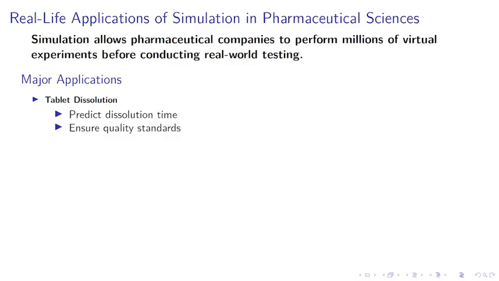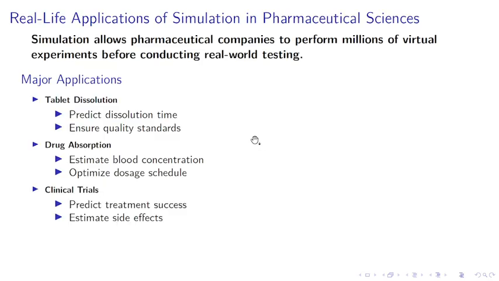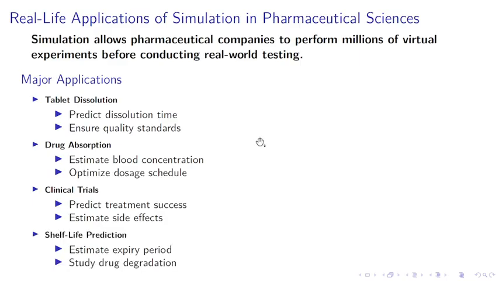The major applications are tablet dissolution, that is, predict dissolution time and ensure quality standards; drug absorption, estimate blood concentration and optimize dosage schedule; clinical trials, predict treatment success and estimate the side effects of the drug; and shelf life prediction, estimate expiry period and study drug degradation.